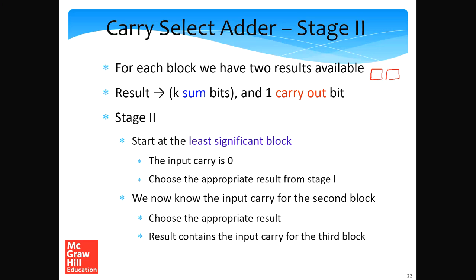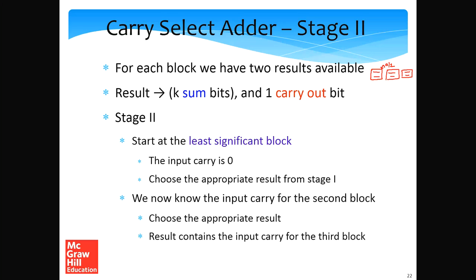For one block we'll have 2 pairs of 4-bit numbers, right? So for each block we actually produce 2 results. The first result assumes that the input carry coming from the previous block is 0, and the second result assumes that the input carry coming from the previous block is 1. The result will have the sum bits and a carry out bit.